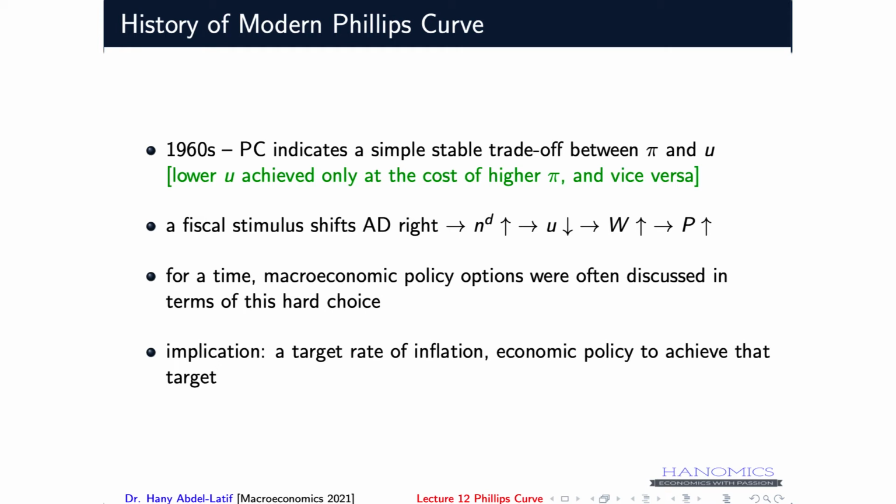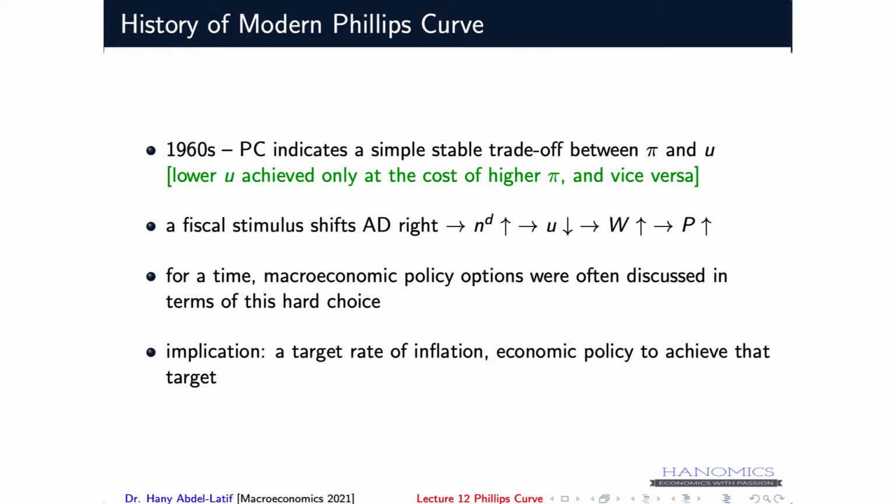Looking at the original Phillips curve of the 1960s, the idea is that there is a simple and stable trade-off between the inflation rate and the unemployment rate. So if you want to achieve a lower level of unemployment rate, then this has to come at the cost of a higher level of inflation, and vice versa. So if you want to lower inflation, then you must accept a higher level of unemployment.